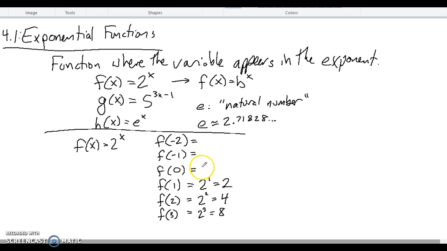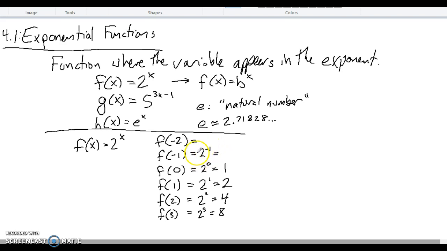Now let's go back up. 2 to the 0. What does that mean? Well, you will recall from previous courses, you raise anything to the 0th power, and you get 1. There are reasons for that. Those show up in other videos. So I apologize. You can look that up elsewhere. How about 2 to the negative 1? What did a negative exponent mean?